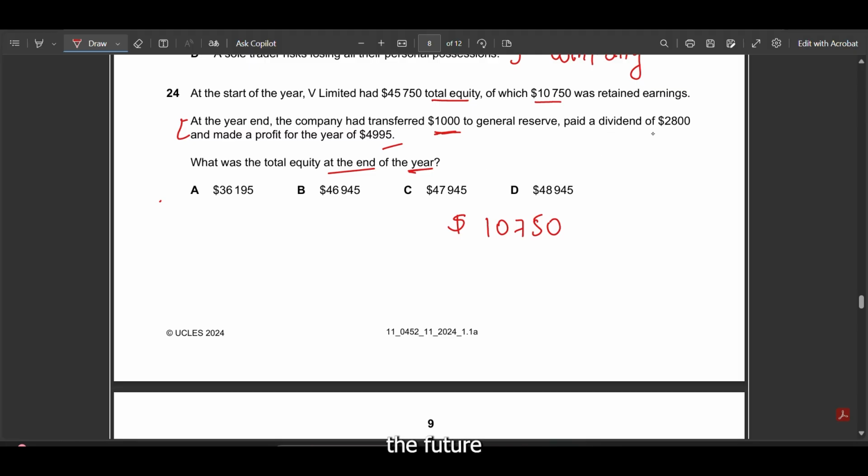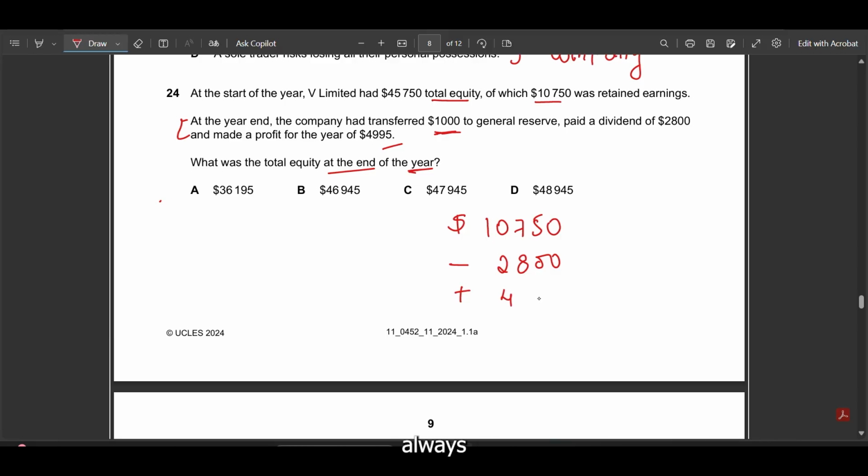Next is, paid a dividend of $2,800. Whenever I make a dividend payment, it always reduces my retained earnings. So let's subtract this 2,800 from my opening balance of retained earnings, and there was a profit of 4,995.